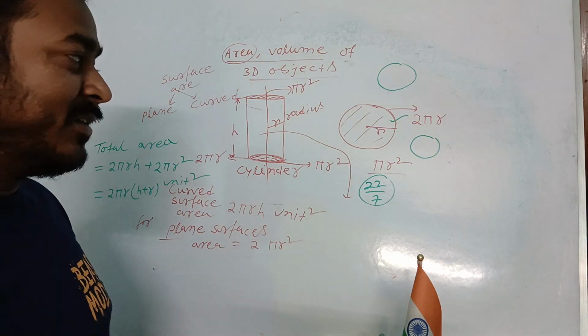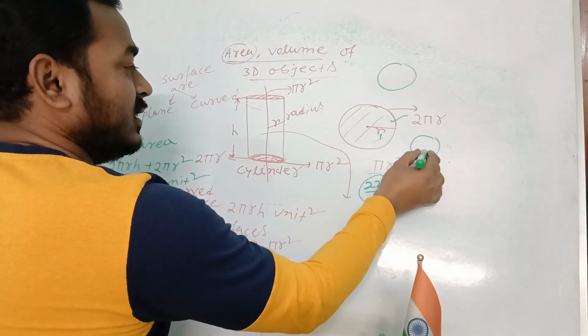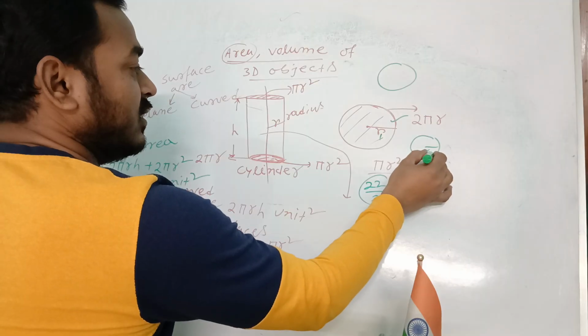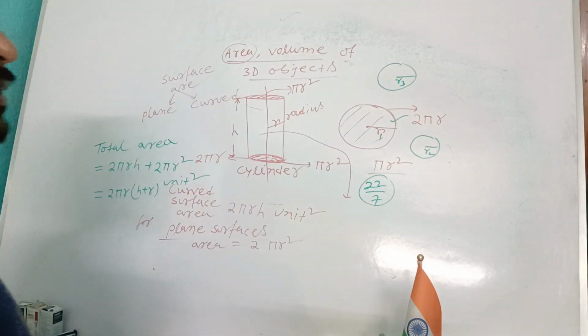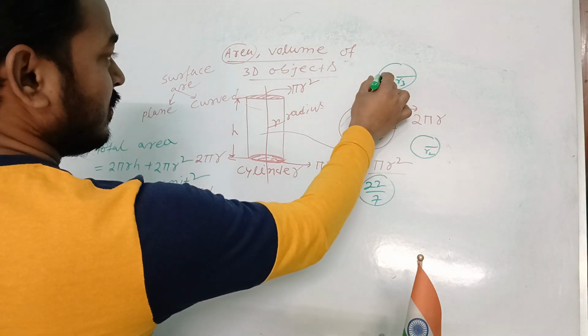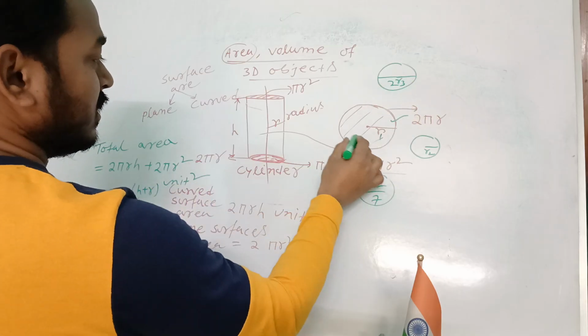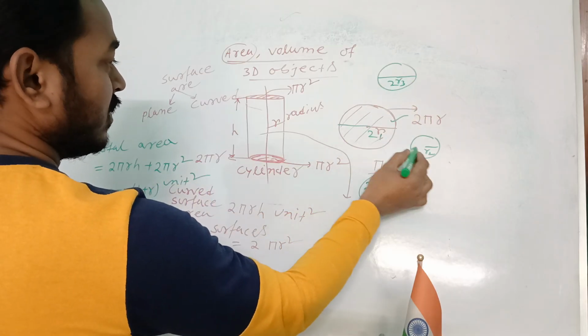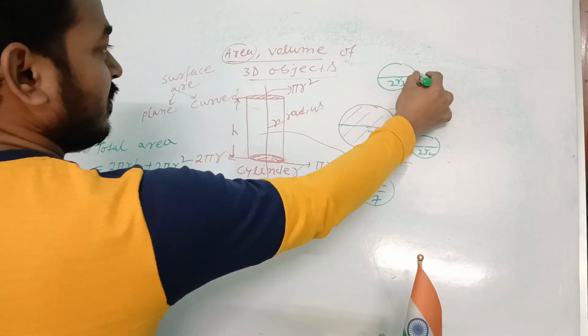Here consider the radius be R1, here the radius be R2, here the radius is R3. What is the diameter? Here diameter is 2R3, here 2R1, here 2R2. What is the circumference?